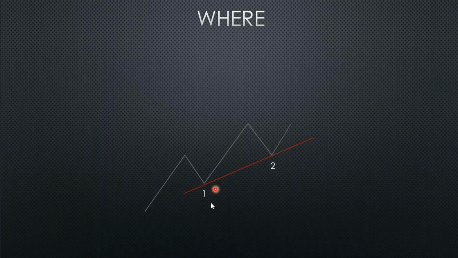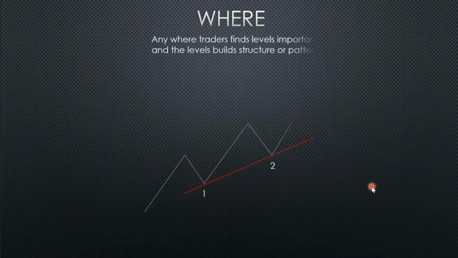So where do we look for these things? We're looking for it at trend lines, or wherever else other people find important. We're looking at levels and on structure or on patterns.